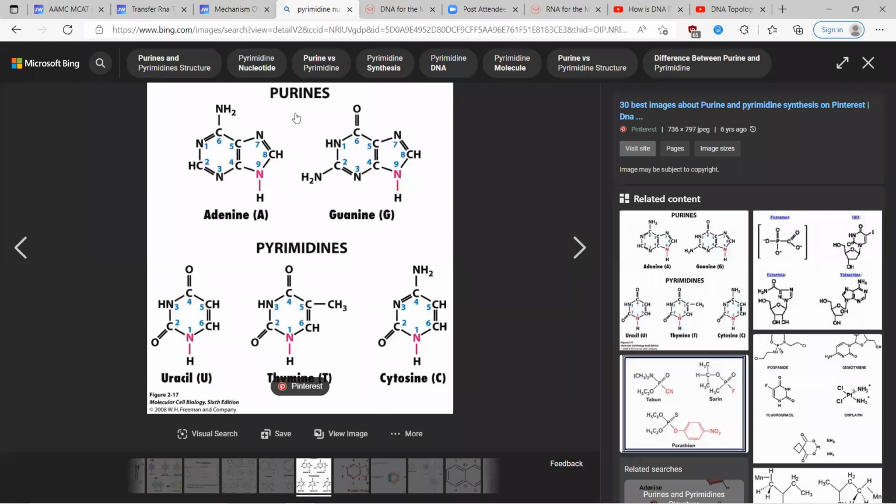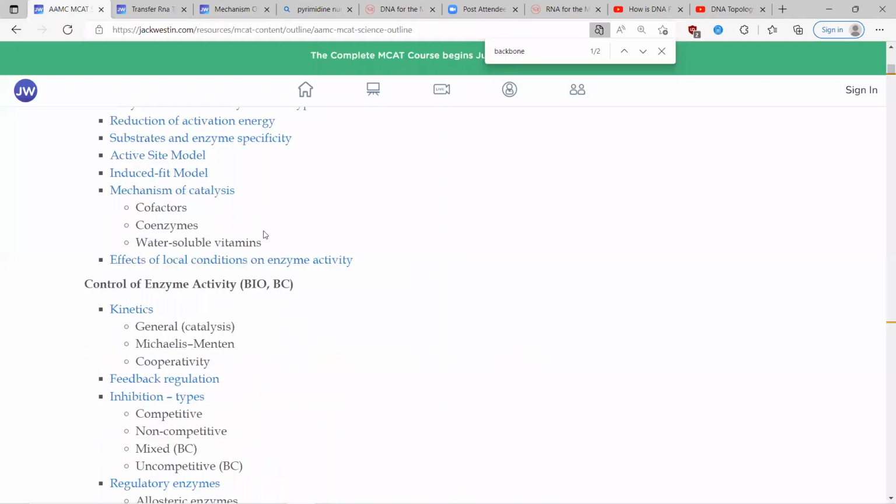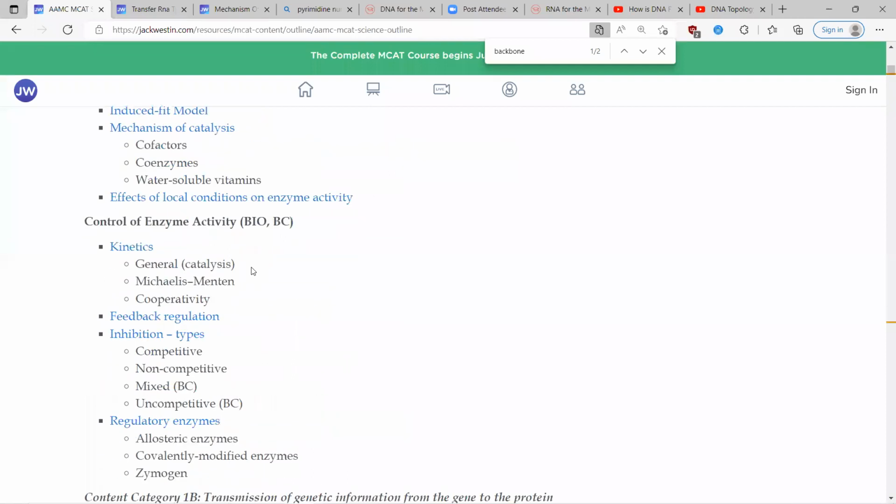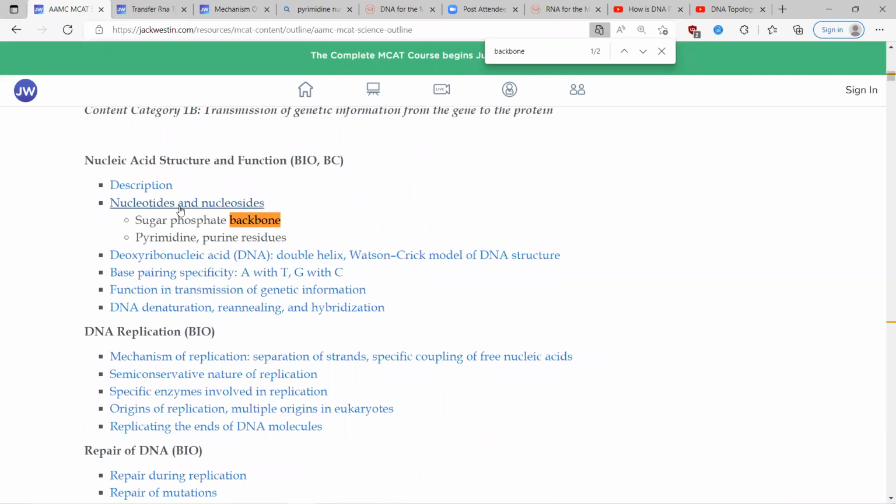So there's two different classes. There's purines and pyrimidines, and each of them has different substituents, which defines what kind of purine or pyrimidine they are. On top of that, they have a little bit of variability in what they look like.